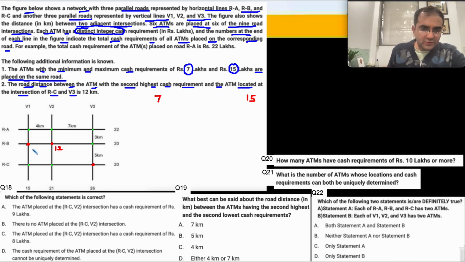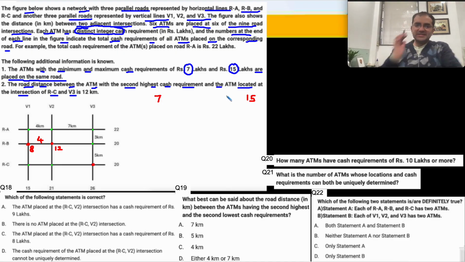Can I put 8 over here? 12 के साथ can I put an 8 over here at a distance of 4 kilometers? ठीक है, तो अगर यहाँ पे 12 के साथ मैंने 8 रखा, then this 20 is satisfied and there is no ATM over here in red color. ठीक है, अब 8 के साथ यहाँ पे आते हैं. 8 के साथ I will have to keep 7 and 7 के साथ 15 आएगा, right?